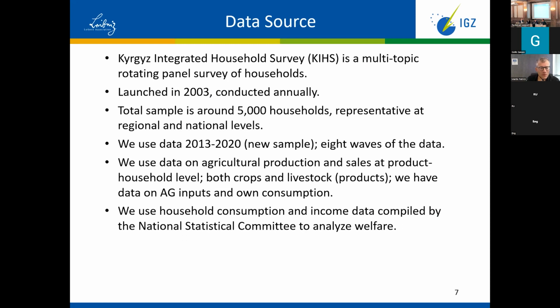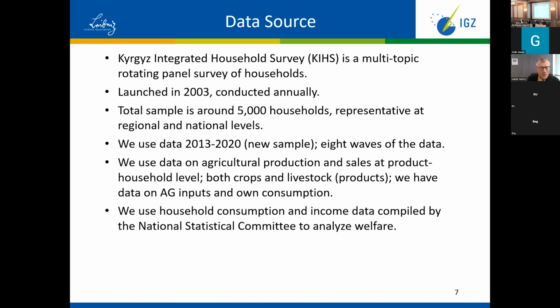We knew that this data is rich with agricultural information: production, sales and consumption. So the challenge was to really understand the structure of the data and to make sure that you clean it properly.